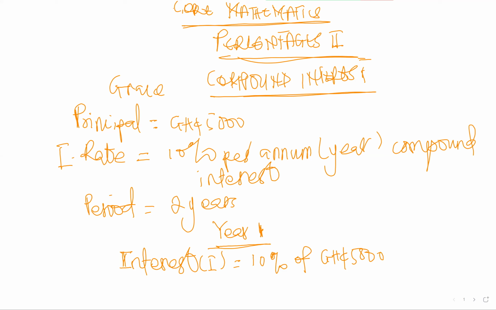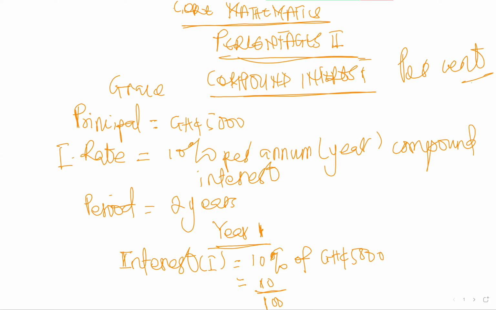The interest should be given as 10% of her money. So that'll be 10 over 100 of 5,000. If you want to use a percent, you have to divide by 100, and by so doing you have eliminated the percentage symbol. The word percent: cent means 100, per means divided.